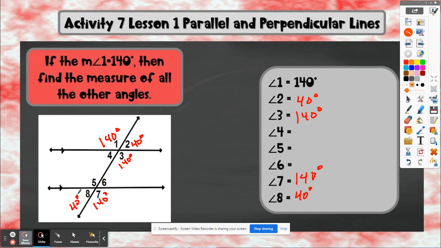What about this? Angle 1 is top right. Angle 5 is top right. That means that they are corresponding. So that means angle 5 has to be 140. What about angle 4 and 5?